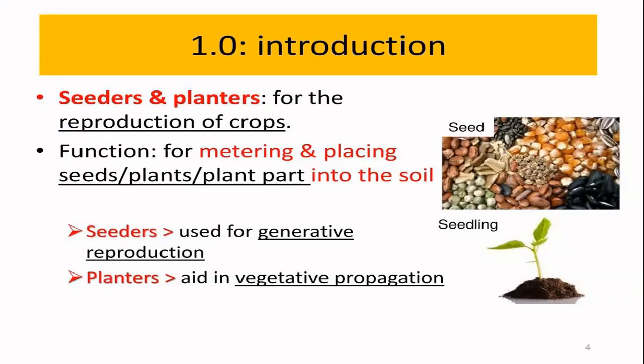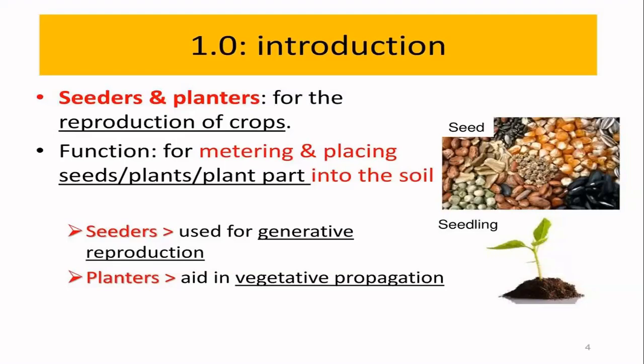Suppose you need 1 seed per hill. Hill means hole. Normally we say 1 seed per hill or 2 seeds per hill, sometimes 3 for very small seeds. This is called metering.